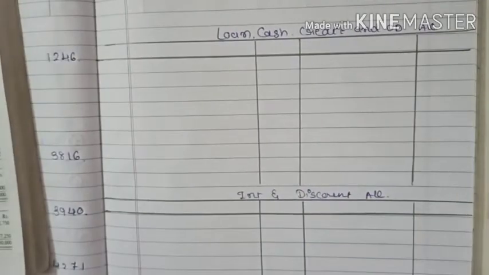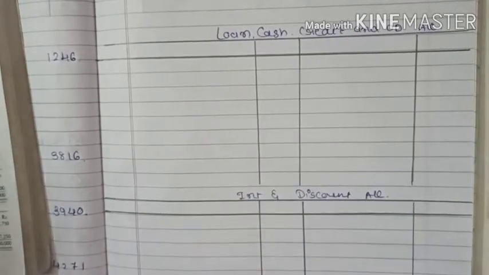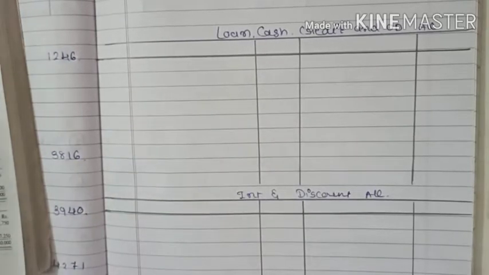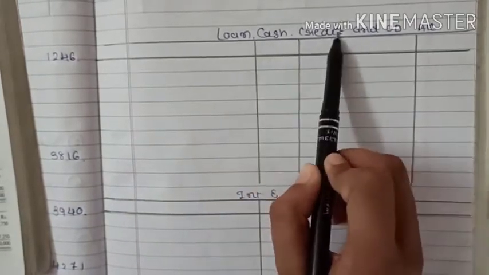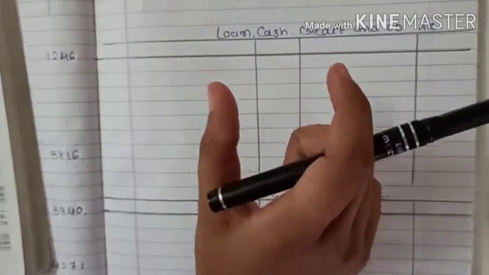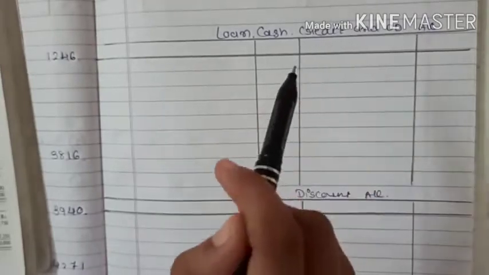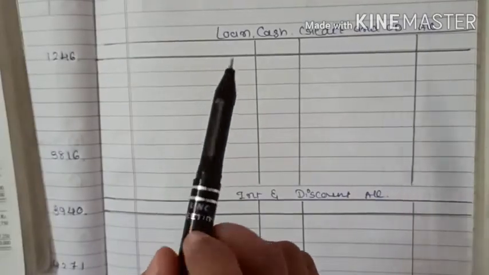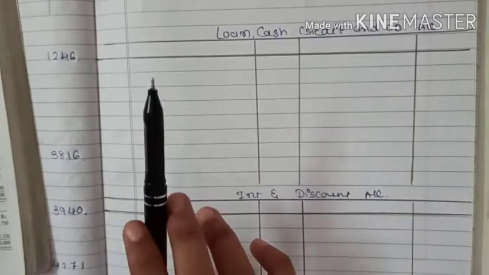So first, loan, cash credit and overdraft of rupees 3,35,62,750. There is an opening balance given. Whenever we take the loan, cash credit and overdraft account, generally these are an asset of the bank. So every asset has a debit balance.